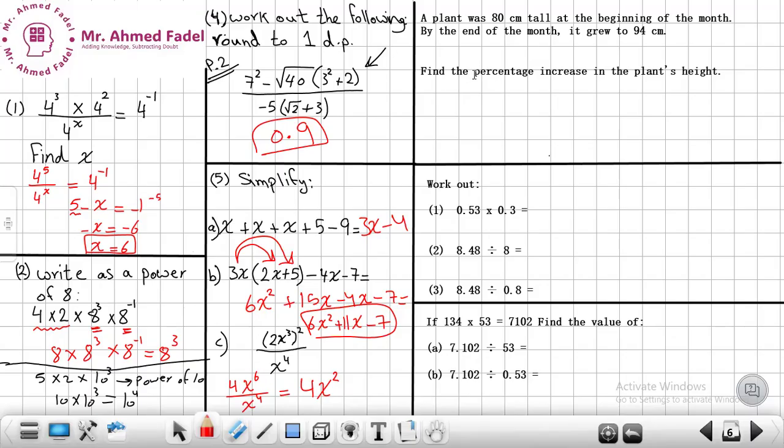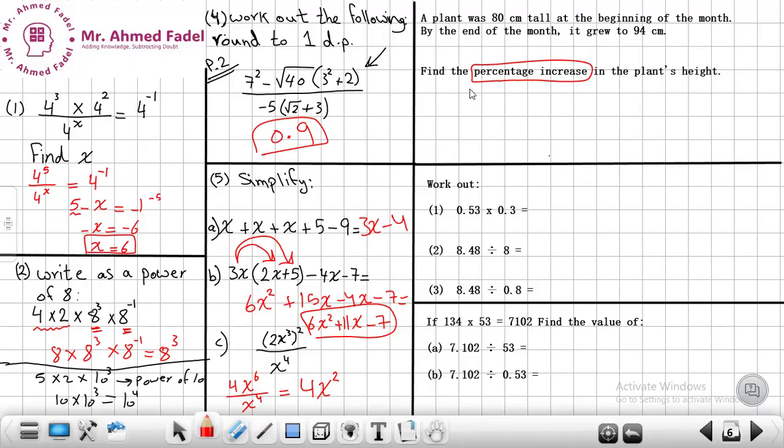A plant was 80 centimeters tall at the beginning of the month. By the end of the month, it grew to 94 centimeters. Find the percentage increase in the plant's height. Aha, they wanted the percentage increase. How can I find the percentage increase?